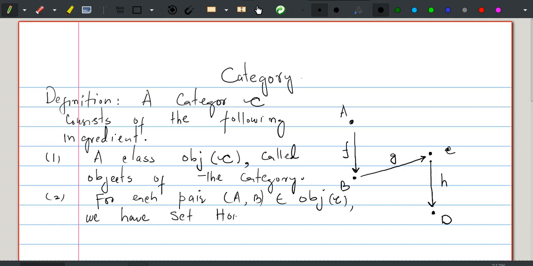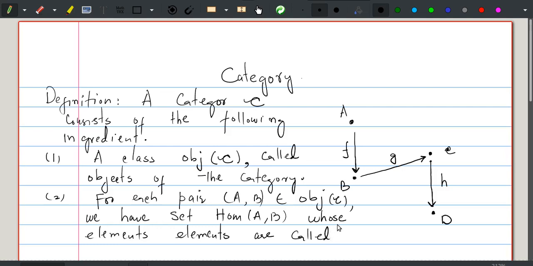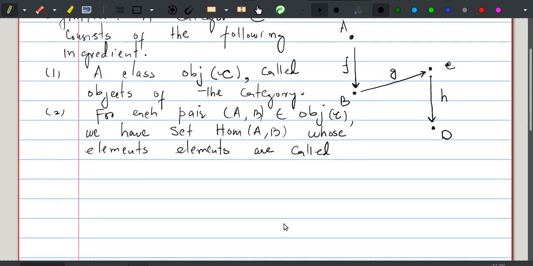Let us denote this set by hom of A, B. Now this set hom of A, B contains all morphisms from the object A to the object B, whose elements are called morphisms or arrows from A to B.